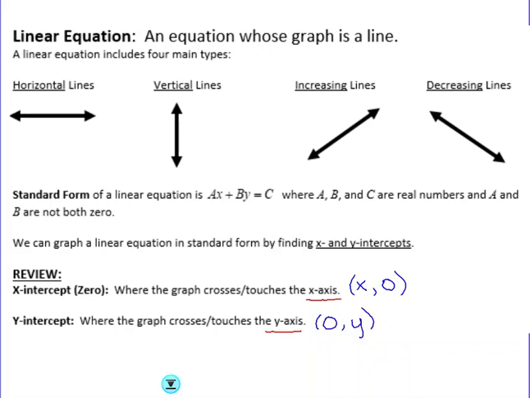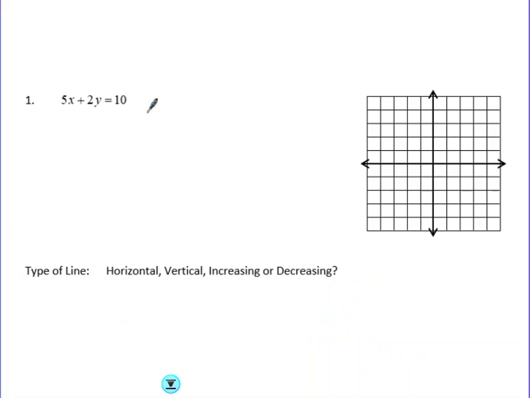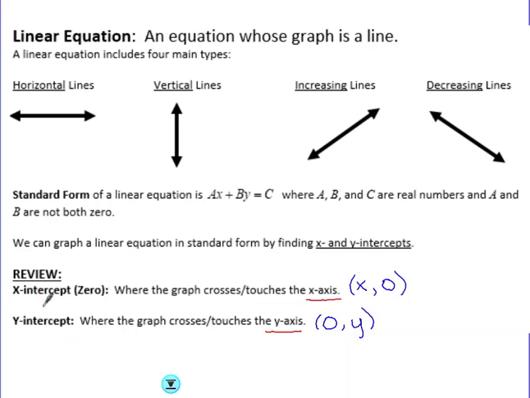Let's take a look at a few examples. First, we have 5x plus 2y equals 10. We need to find the x and y intercepts. Let's take a look at the previous slide, and we notice that for x-intercepts, the y value is always 0.